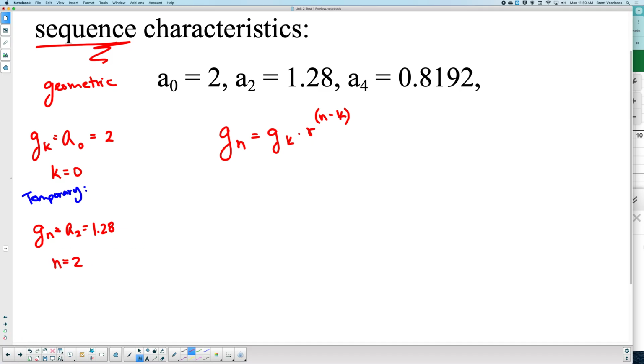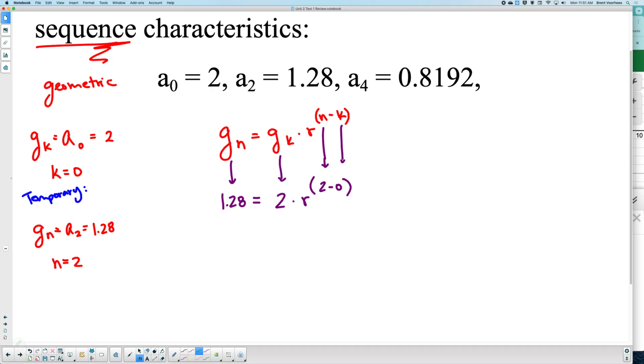So if we substitute n, we can solve here. Gn. What are we substituting for Gn? 1.28 equals gk, 2, times R to the power of, what's n? Minus, what's k? 0.